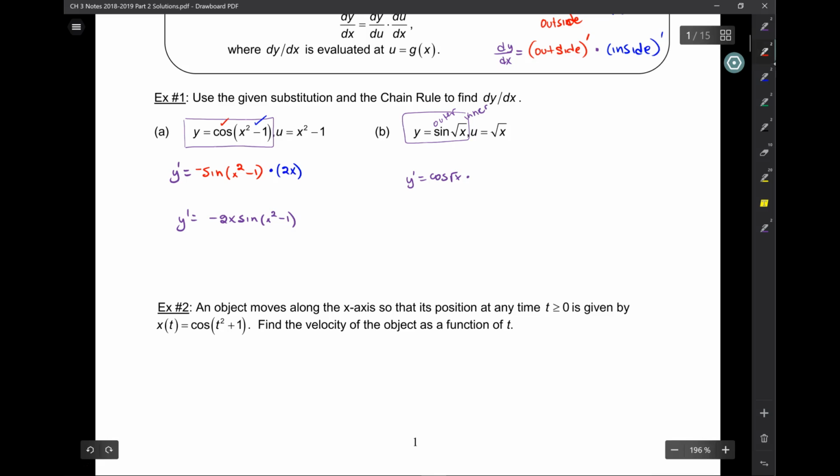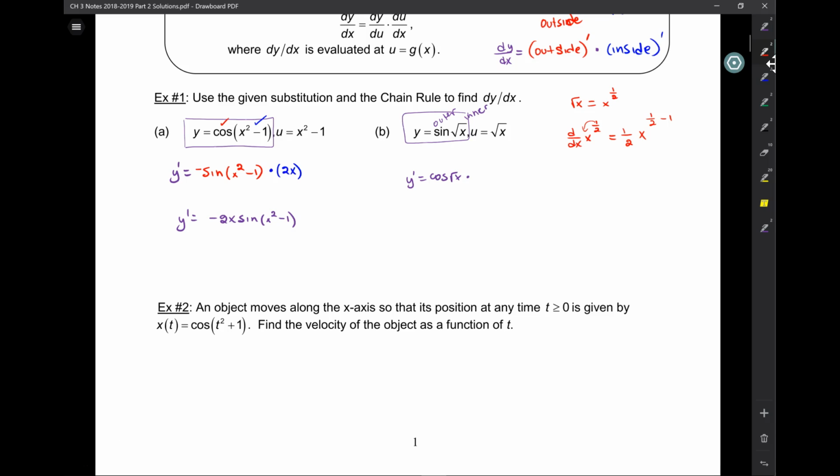So here's what we do. Root x, I always write it as x to the 1/2. And so now the derivative of x to the 1/2 is the half comes down, and it's x to the power of 1/2 minus 1.